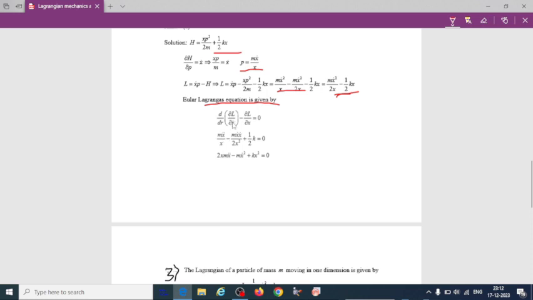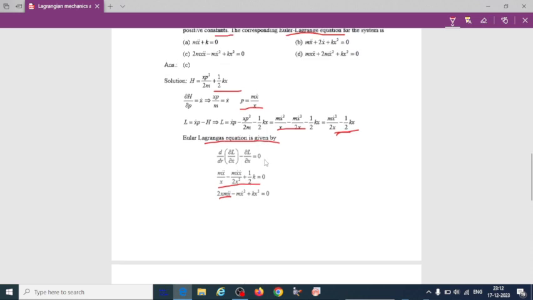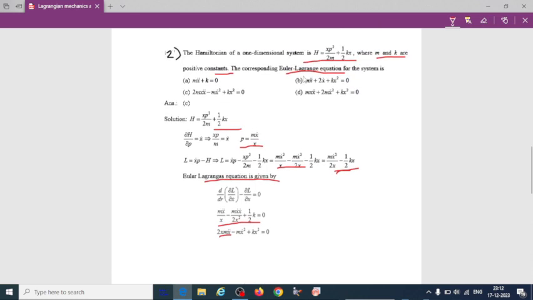So dL by dx dot and then dL by dx. So this is the equation you get. If you modify it, take the LCM, you will get 2x m x double dot minus m x dot square plus kx square. So like that you have to convert a given Hamiltonian into Lagrangian.